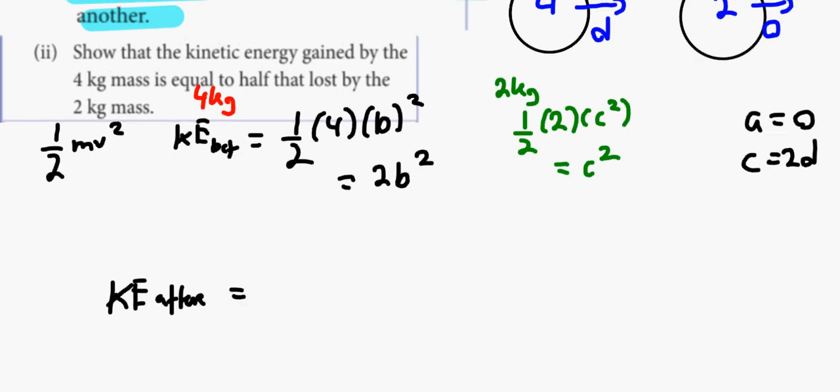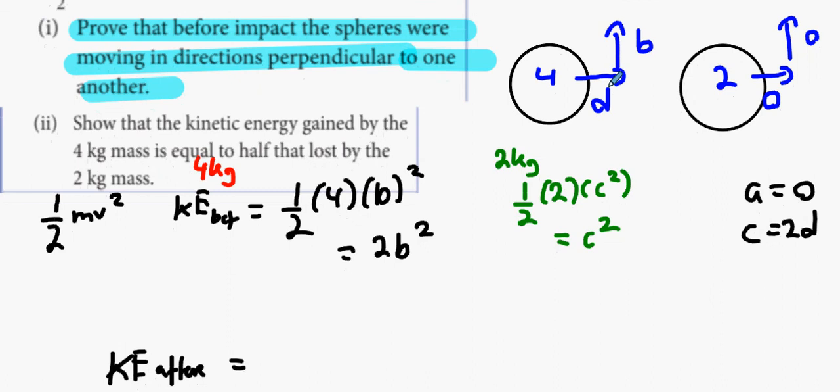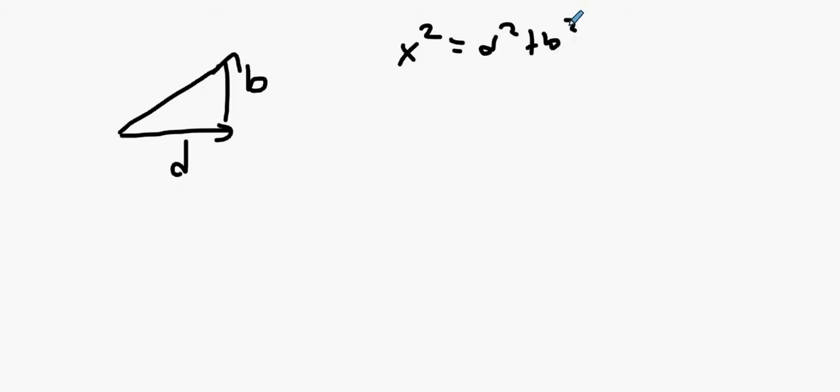Okay. Now this one has d and b combined, doesn't it? So he was correct in saying that you're going to use, so if I have d across and b up, what's the hypotenuse going to be? x squared equals d squared plus b squared.